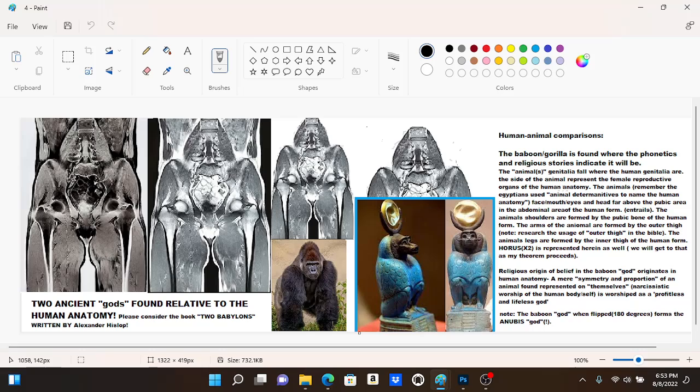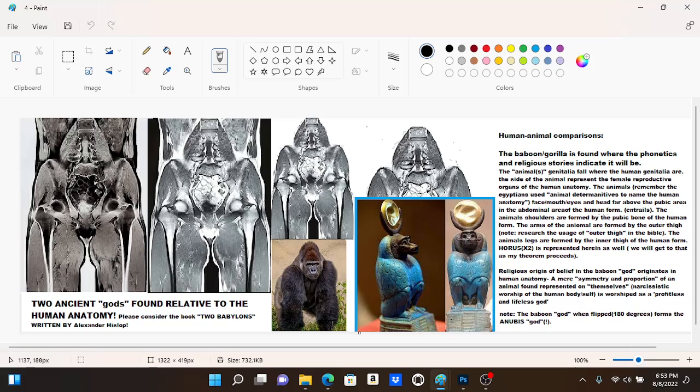Now, just remember, a lot of this to the Egyptians was about sex worship, about fertility, about afterlife, about being reborn. Interestingly enough, about being chopped up into pieces and then being put back together, etc., etc. The animals' face, mouth, eyes, and head form above the pubic area and into parts of the abdominal area, just under, as if being kind of sheltered by the rib cage in the human form.